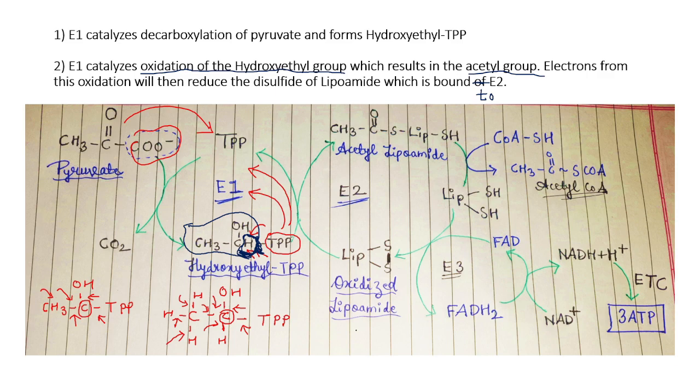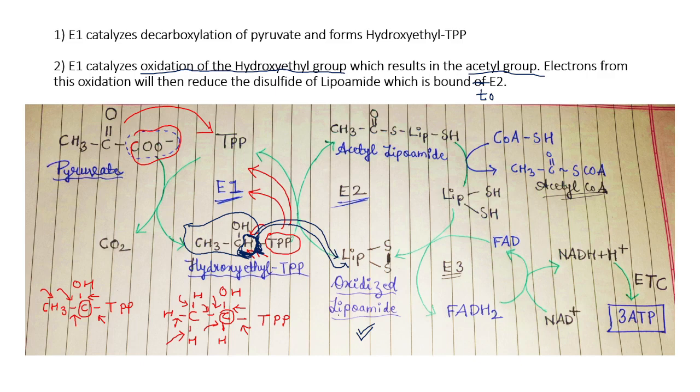Now there is one more thing. Oxidized lipoamide is present, bound to enzyme 2. When the oxidized lipoamide accepts this hydrogen, it will get reduced, because we know that acceptance of hydrogen and electron is reduction.